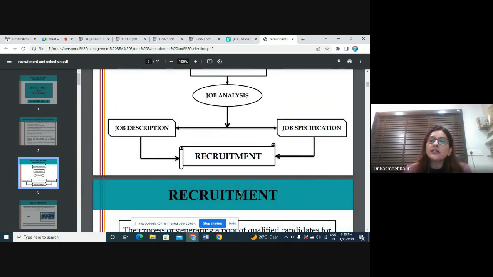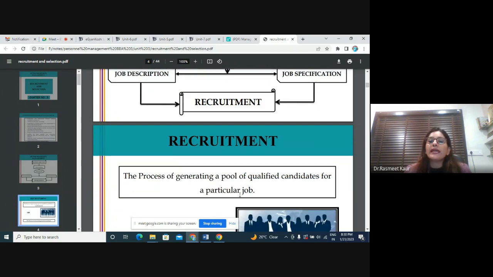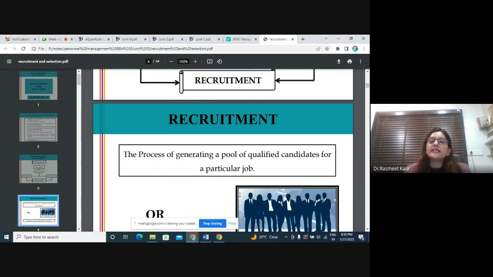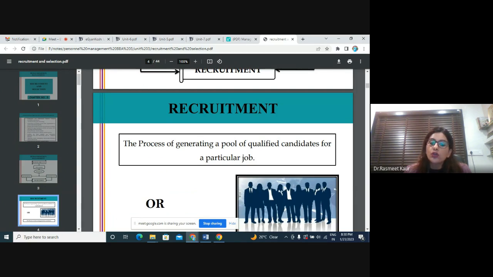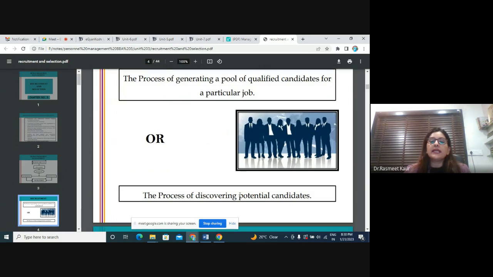Now, when you are very clear with your description and specification, I can invite candidates to apply for the job in my organization. The process of generating a pool of qualified candidates for a particular job is called recruitment. It is a process where you discover potential candidates.